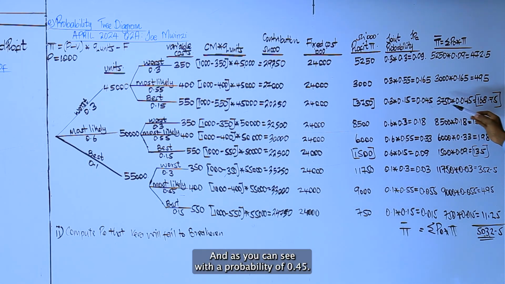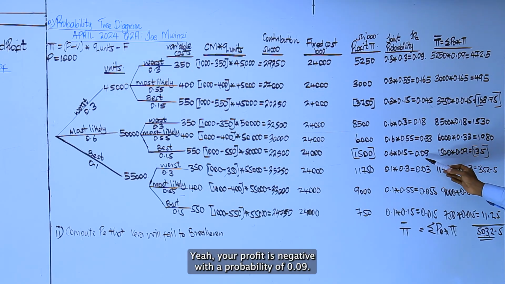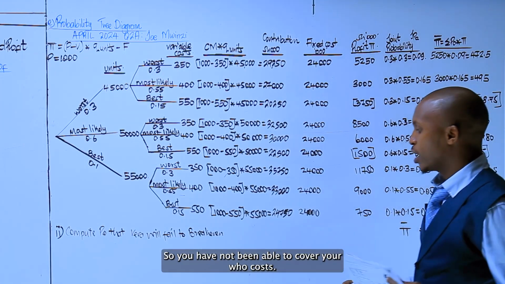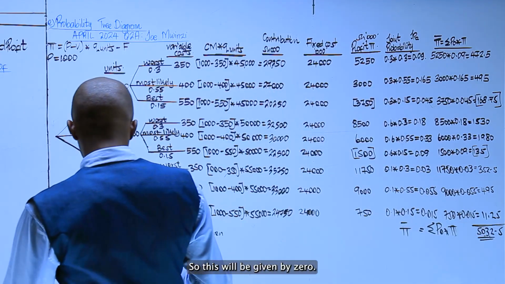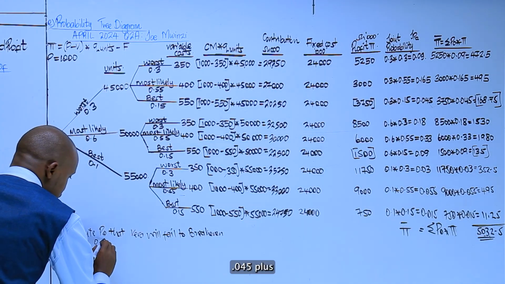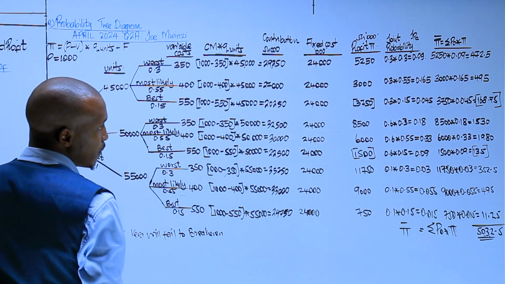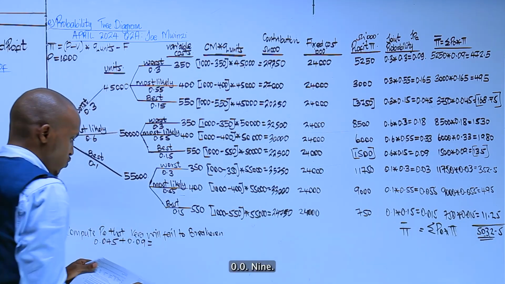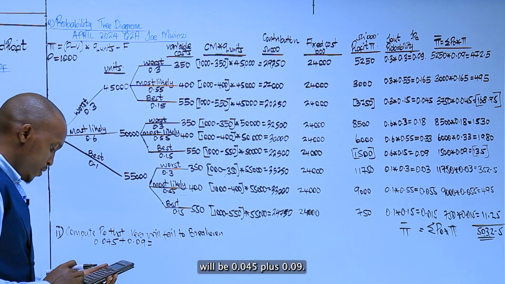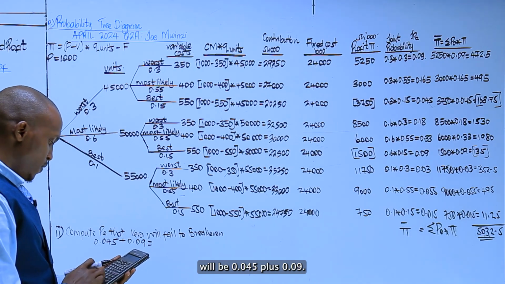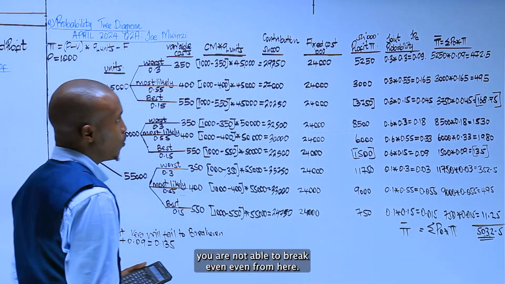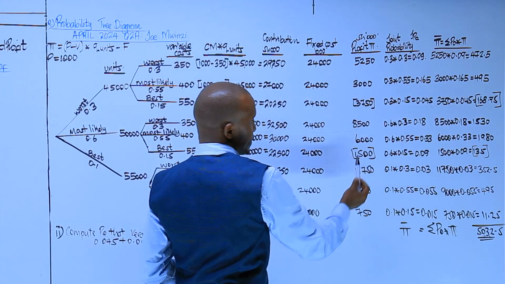With a probability of 0.045, your profit is negative. With a probability of 0.09, your profit is negative. So you have not been able to cover your costs. It should be 0.045 plus 0.09, 0.135. You're not able to break even from here.